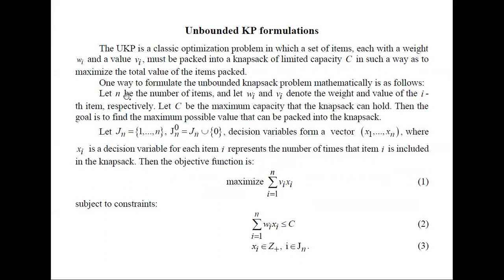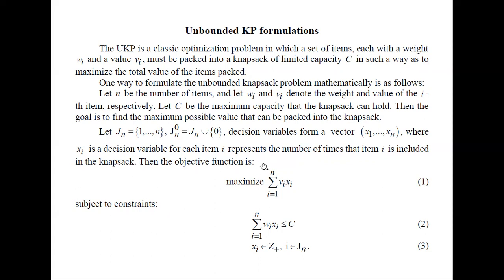We denote n as the number of items, v_i and w_i as the value and weight of these items. C is the capacity of the knapsack. Decision variables are binary and form the vector x_1, ..., x_n, where x_i takes the value 1 if item i is included in the knapsack, otherwise it is 0.